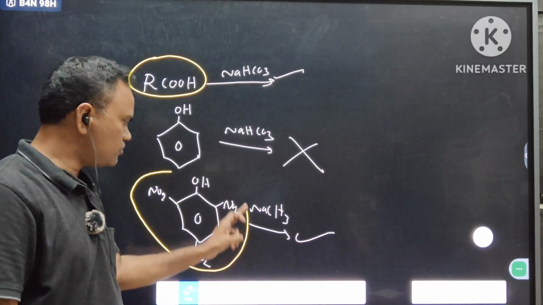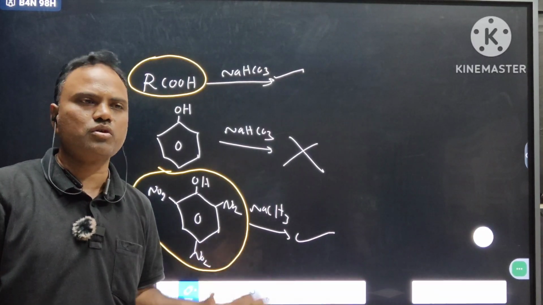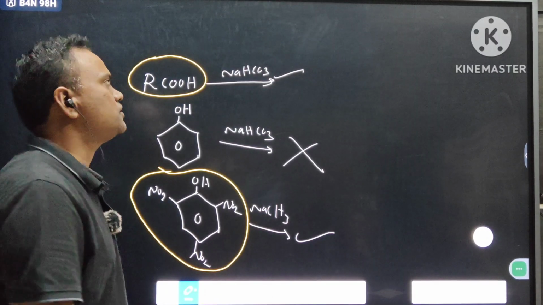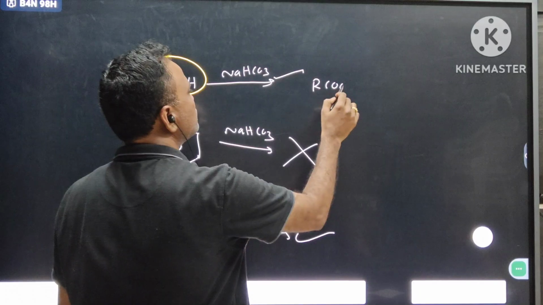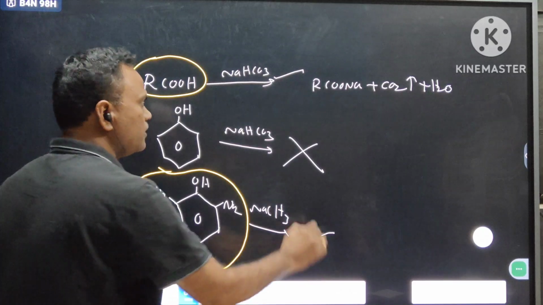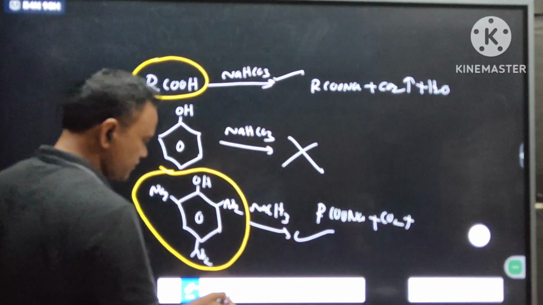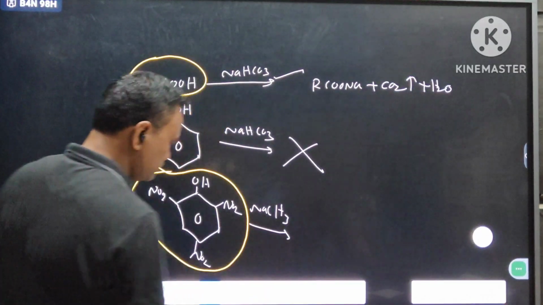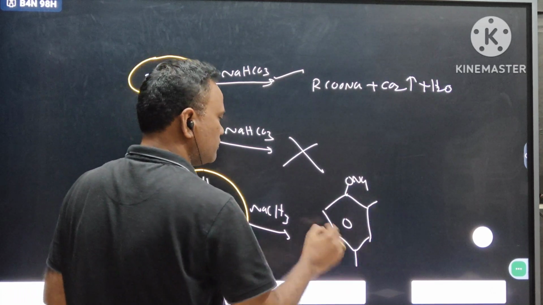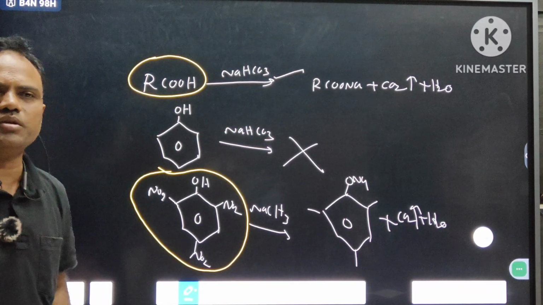But when three NO2 groups are attached to the phenol, its acidic nature increases, and it also acts as a strong acid that will react with NaHCO3 and give carbon dioxide gas as the product. In this case RCOOH gives CO2, here also RCOOH gives CO2.